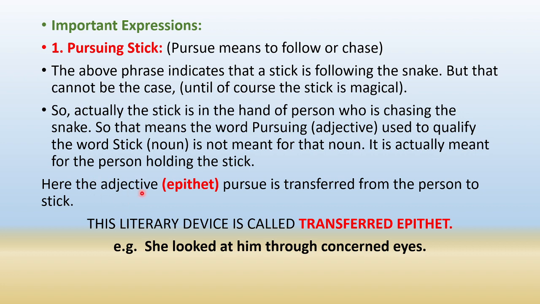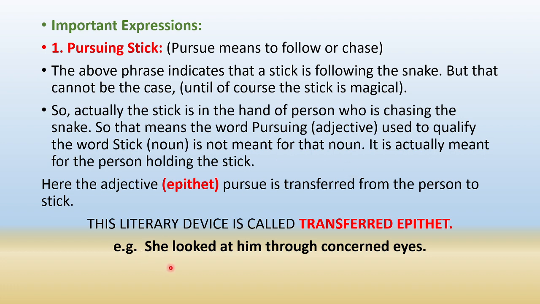So this adjective is also called epithet. The word pursuing from the man is transferred to stick, and therefore this literary device is called transferred epithet. So now you understand what is transferred epithet. It is a literary device where the adjective that is qualifying the noun is actually not used for that noun, it is used for some other noun or pronoun in that sentence.